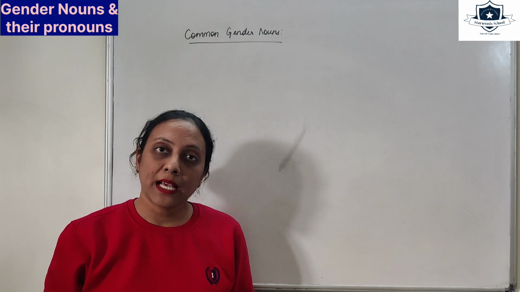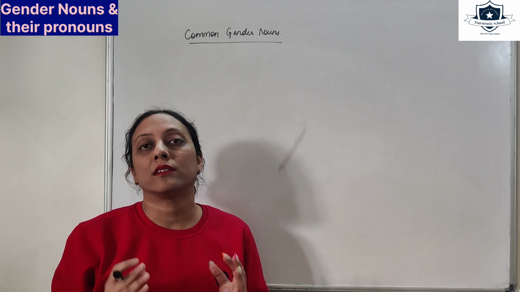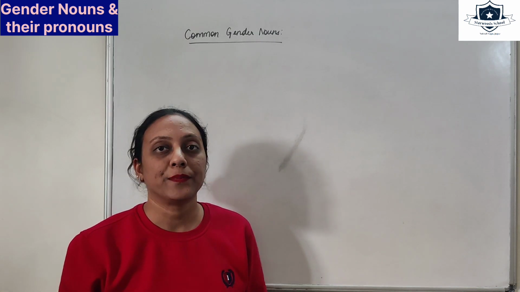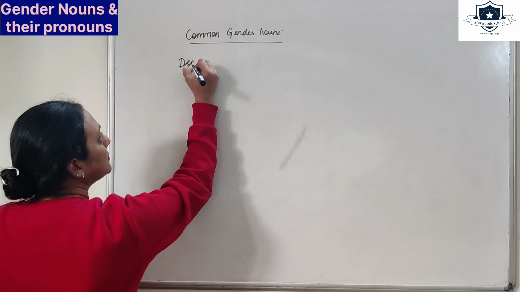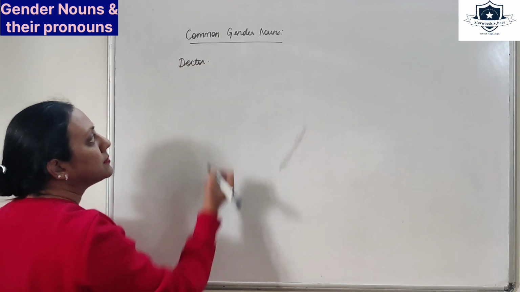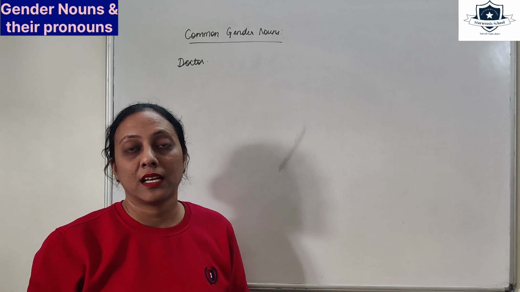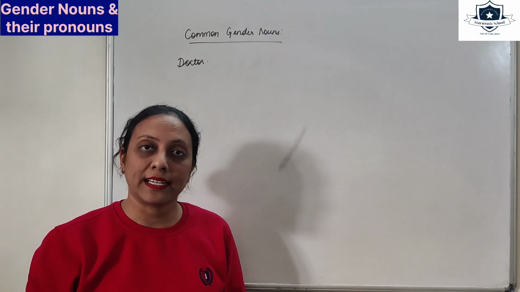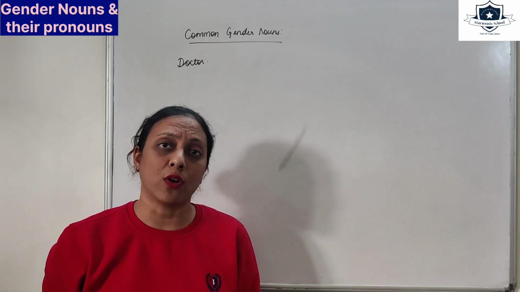If we are speaking about them, that means that we are generally talking about that one category. For example, doctor. I met a doctor last evening, but you haven't made it clear in your conversation that it was a female doctor or a male doctor.